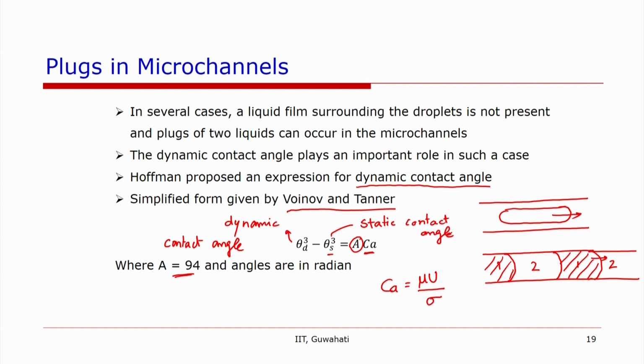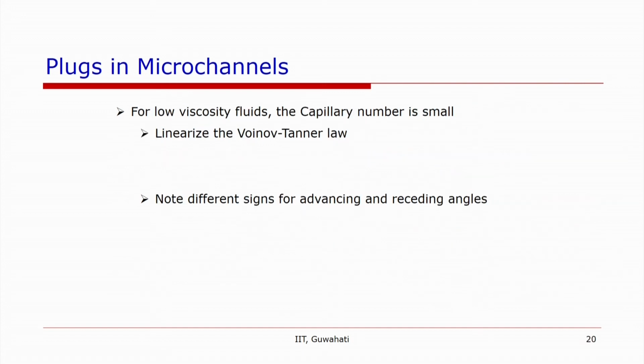Now this law, which is theta d cubed minus theta s cubed equal to A Ca. If Ca is small, which is generally the case, of the order of 10 to the power minus 3, especially for low viscosity fluids, then we can linearize it.